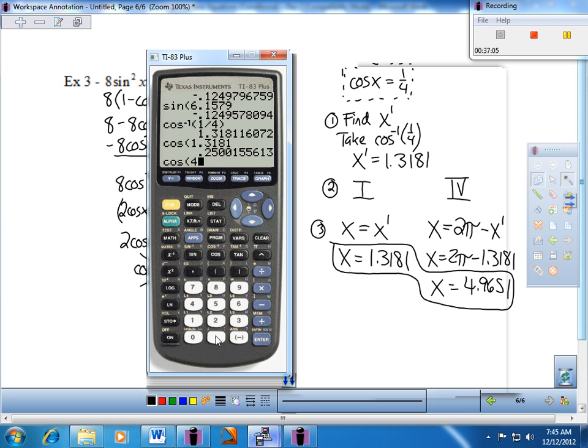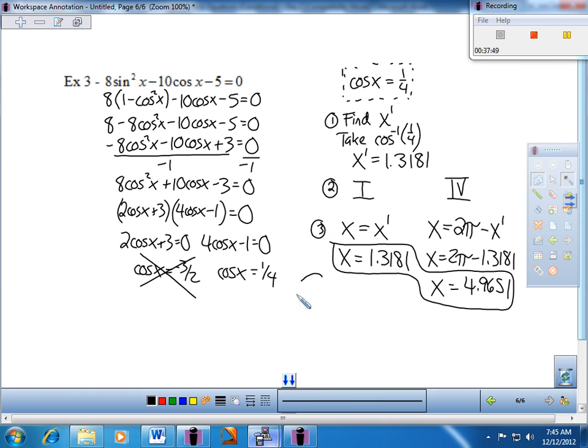So cosine of 4.9651, same thing, guys, should be right around 0.25. From a unit circle perspective, that would be an x value of about 0.25 on your unit circle up here and down here. This is the one that's about 1.31 and change, and this is the one that's about 4.9 and change. All right, great.